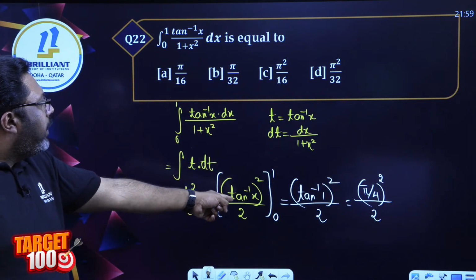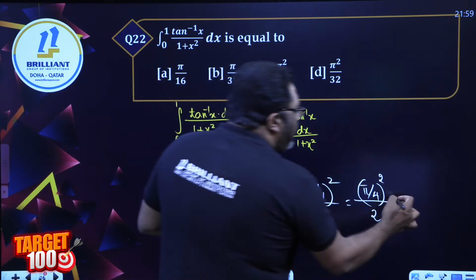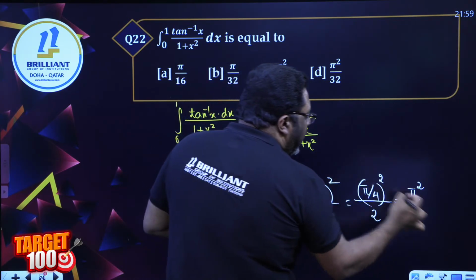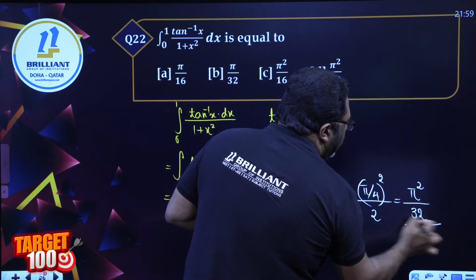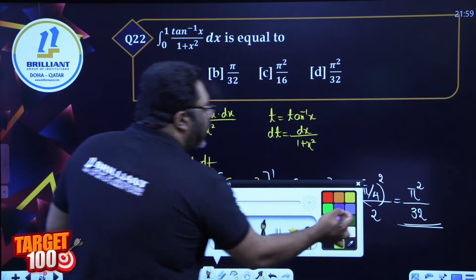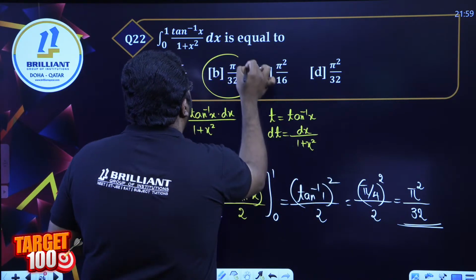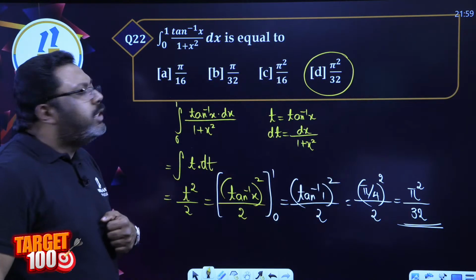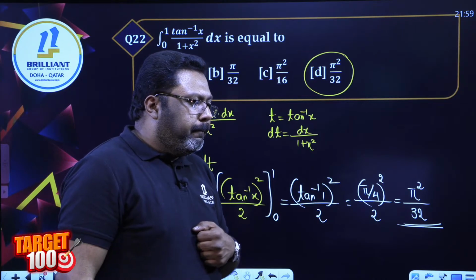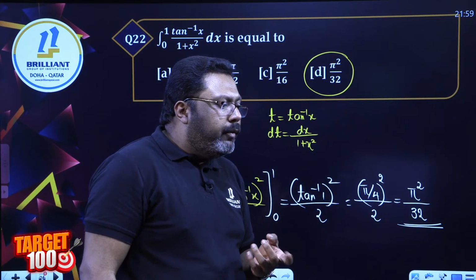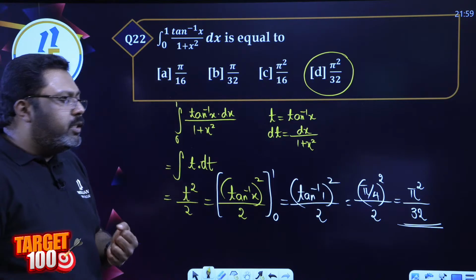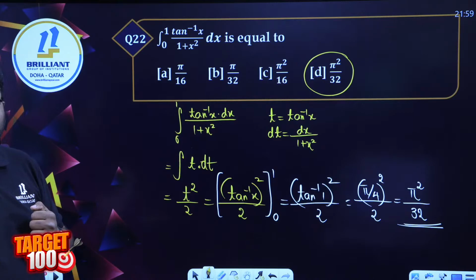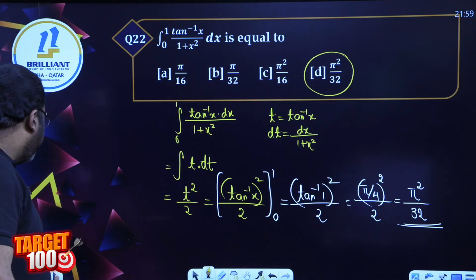Pi by 4 squared is pi squared by 16, and with 2 it is 32. Pi squared by 32. Sorry, that's pi squared. Pi squared by 32. Option D. Right answer coming from Prapti, Abin, Faraz, Adil, Hadia, Nitin and Jed. So the answer is D, pi squared by 32.